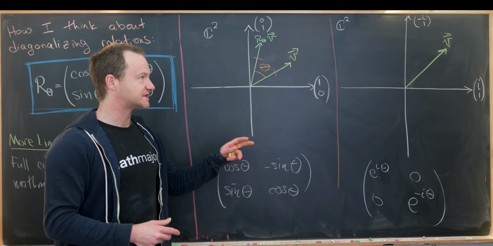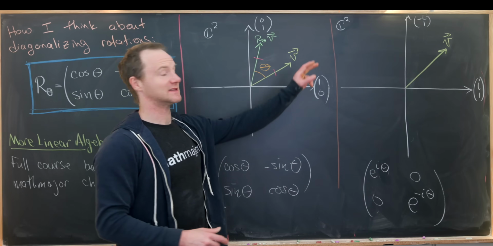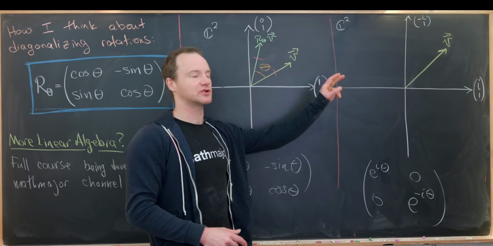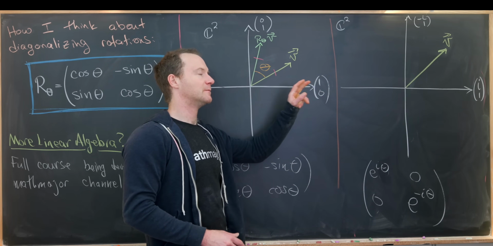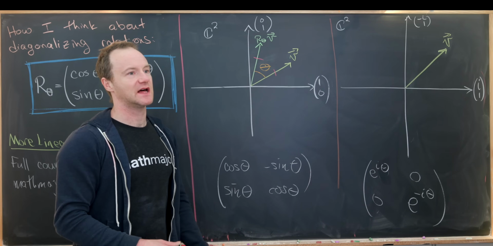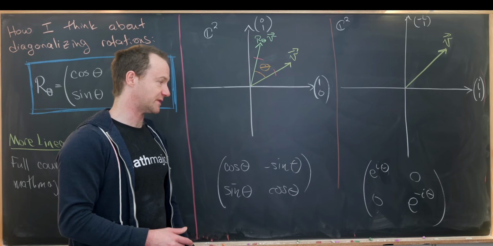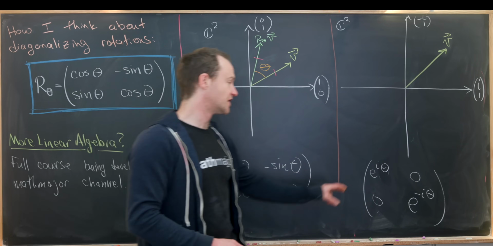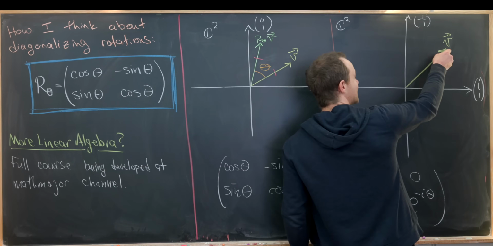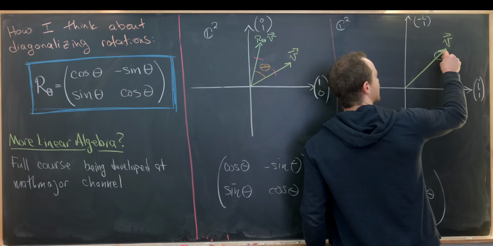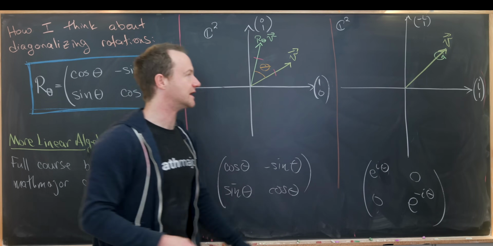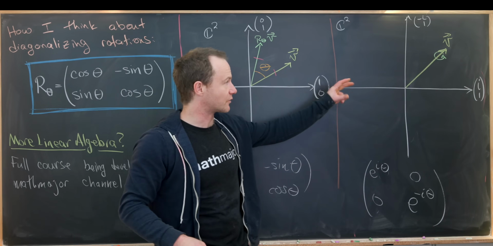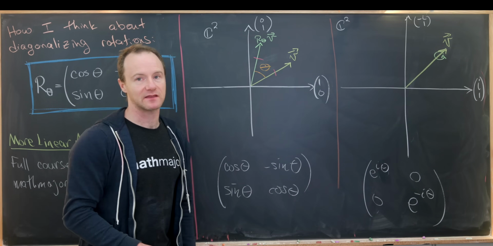But this vector spans a one-dimensional complex line, and that one-dimensional complex line is a two-dimensional real space. So in fact, what we've done is we've pushed the rotation into something that's happening along this line. So really the rotation is just happening within that line.